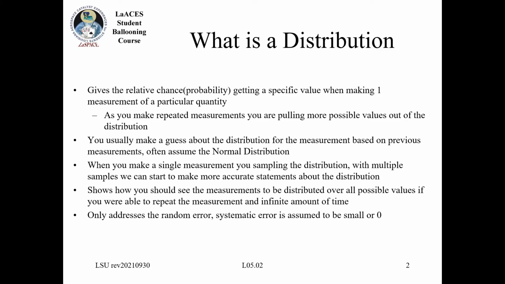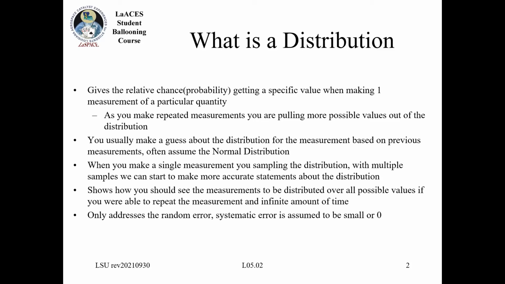So every time I make an individual measurement, I'm basically picking a random value off of that distribution. And as I make more and more measurements, I'm going to continue to pull values out of this distribution until I should be able to see the shape of this distribution, right?